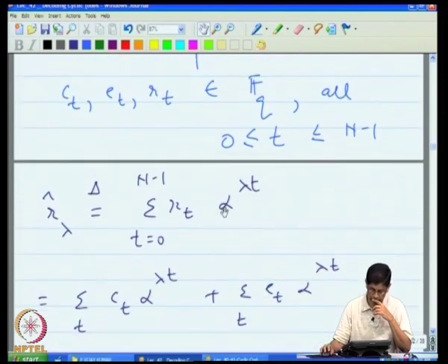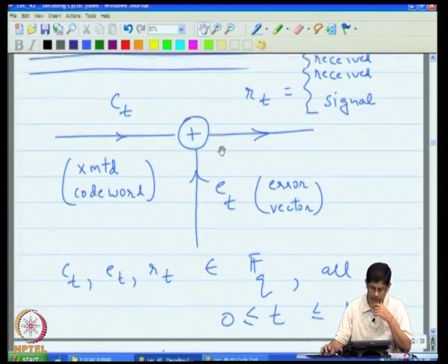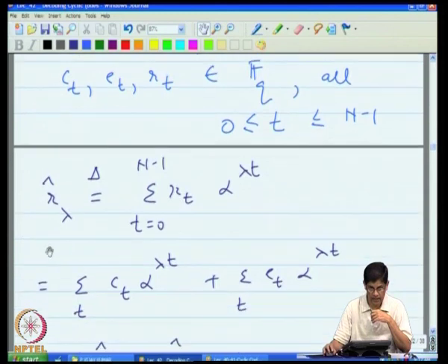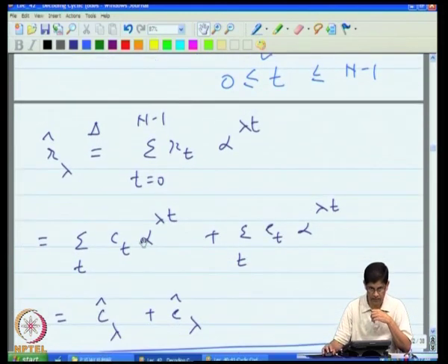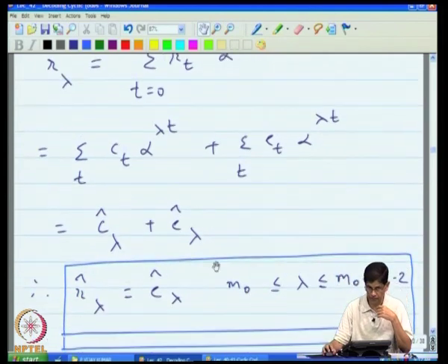All right. Now, what we are going to do is consider the transform of the received vector. So, r of t is the received vector here, and consider its transform, which is given by this expression. R hat lambda is the sum of r_t alpha to the lambda t, and now r_t can be broken up into c_t and e_t, and this is c hat lambda, that is e hat lambda.